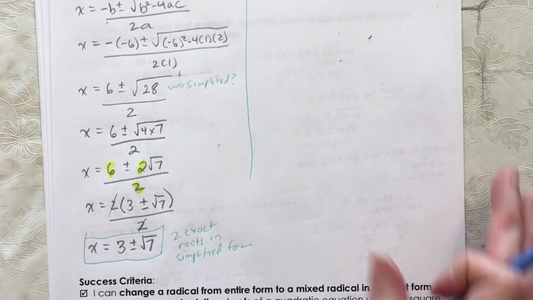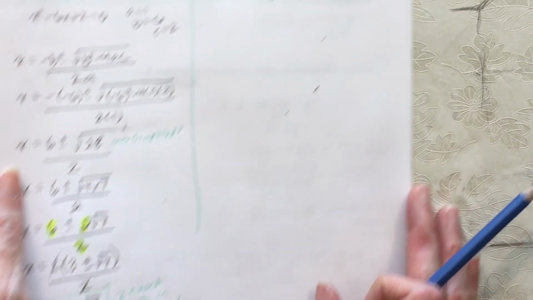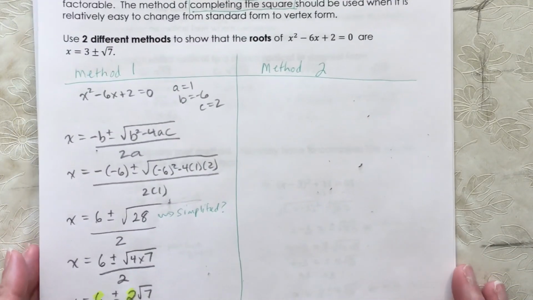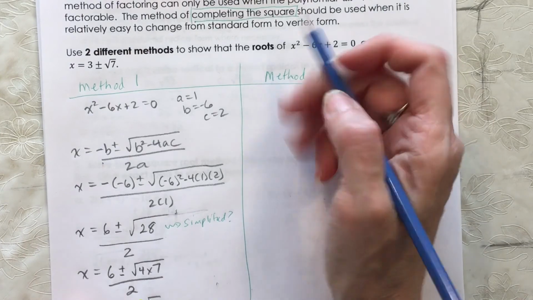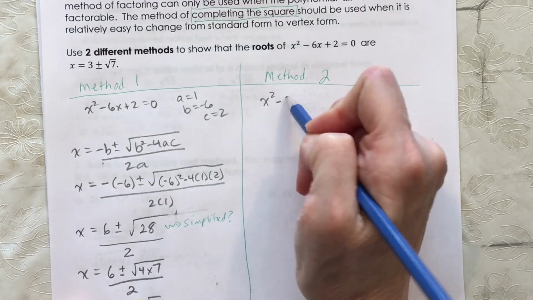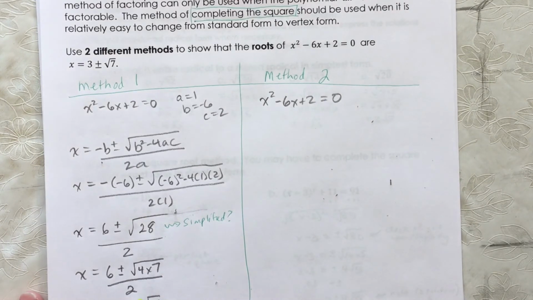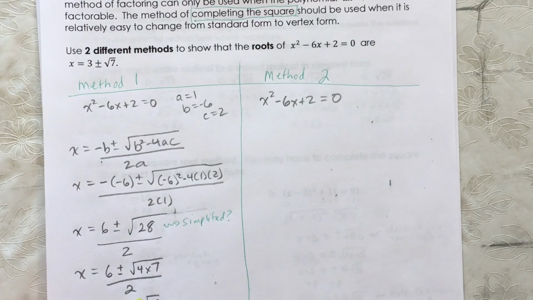Okay. All right, method 2 then. So the other one that we looked at today was using completing the square to make it so x is only in one position, and then use reverse BEDMAS.